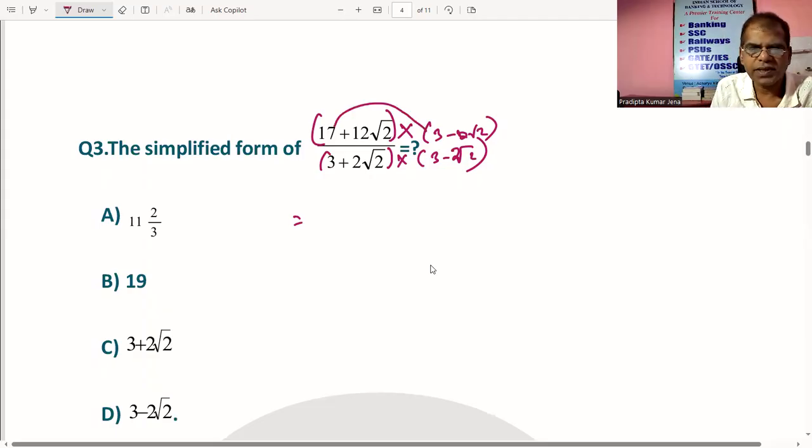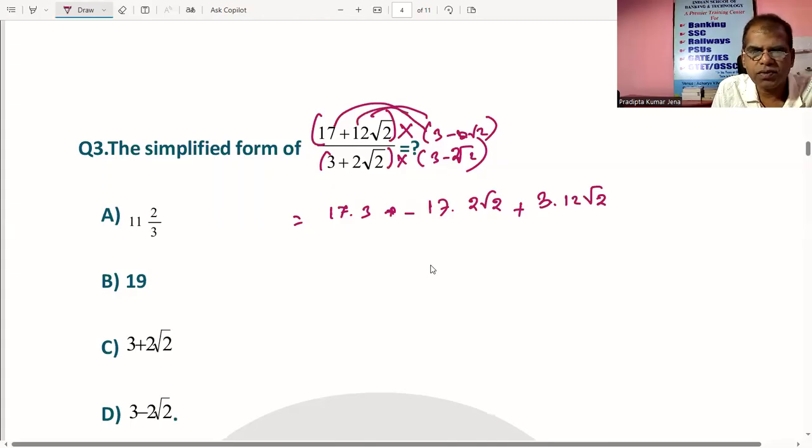So 17 into 3, then minus 17 times 2 root 2, then plus 12 root 2 into 3, then 12 root 2 minus 2 root 2 into 2 root 2, divided by the denominator.